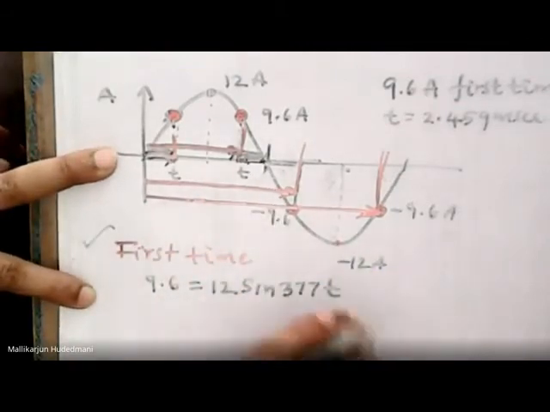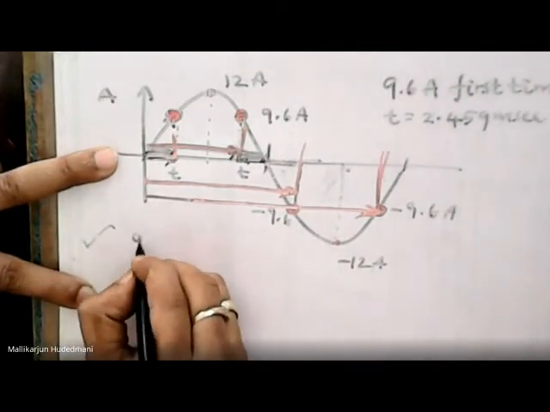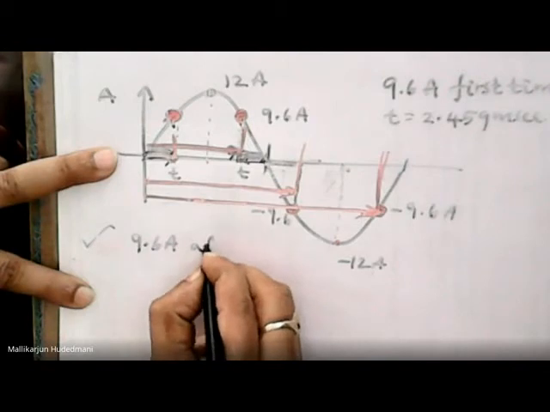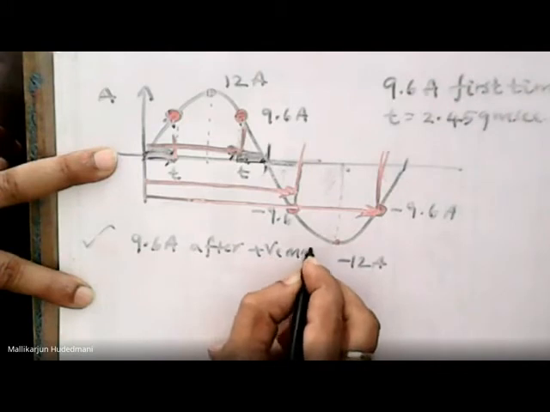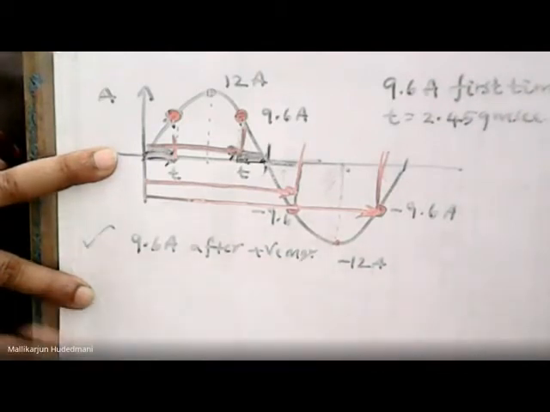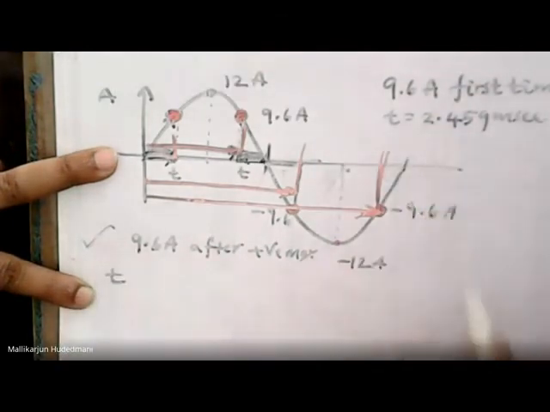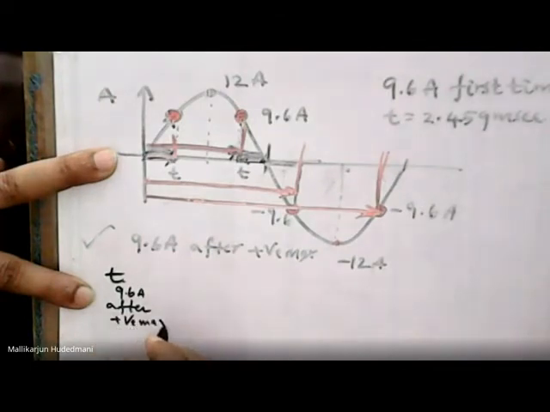So what will I do? Second time. So what is that? Negative 9.6 ampere, 9.6 after positive max. If that is my requirement, then what will I do? I will make T for 9.6 ampere after positive max.